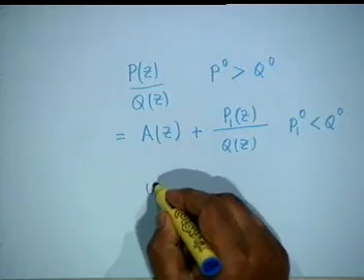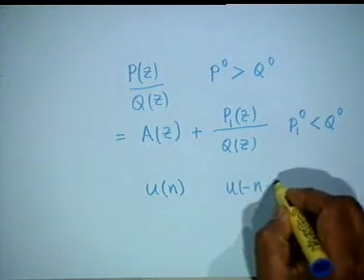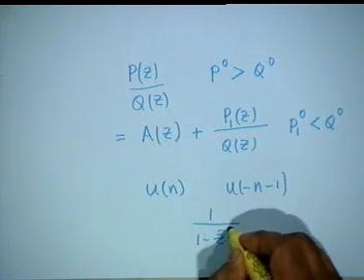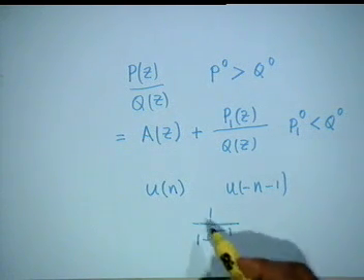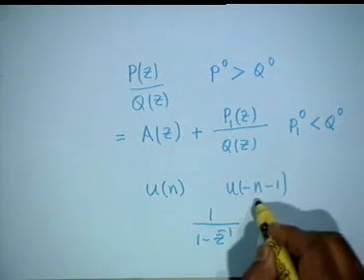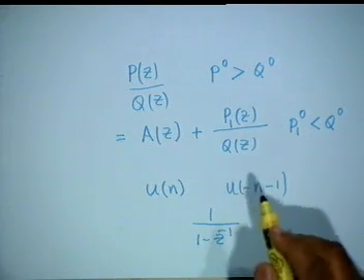We pointed out the importance of the region of convergence, ROC, and we showed that u of n and u of minus n minus 1 both have a Z transform 1 minus Z inverse. The ROC for u of n is mod Z greater than 1, and the ROC for u of minus n minus 1 is mod Z less than 1.